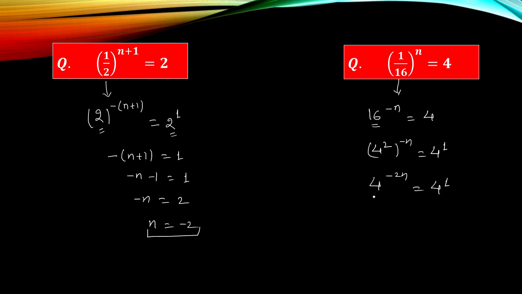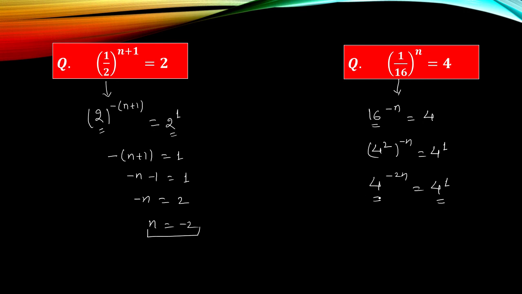So our target is completed now. In each question, we have to make the bases on both sides equal. If the bases on both sides are equal, we can compare the indices. So always in equations we try to get both bases equal.